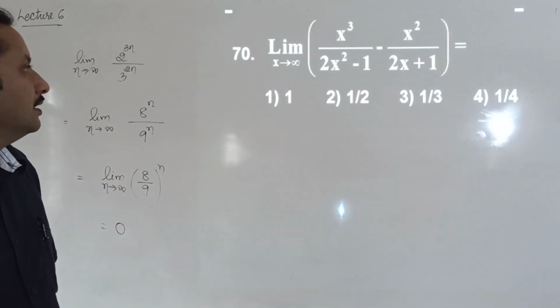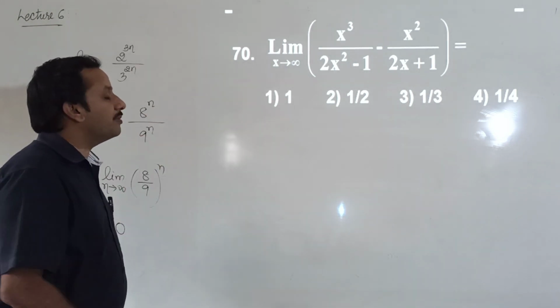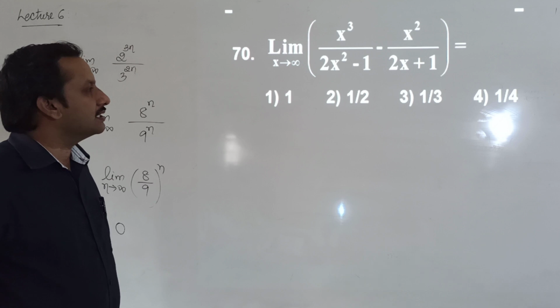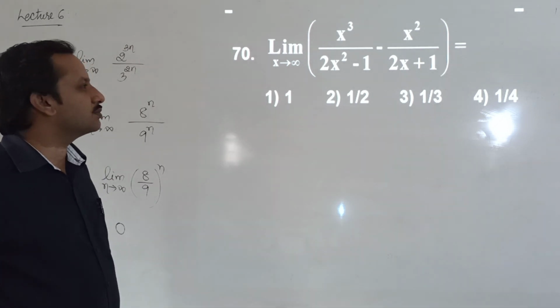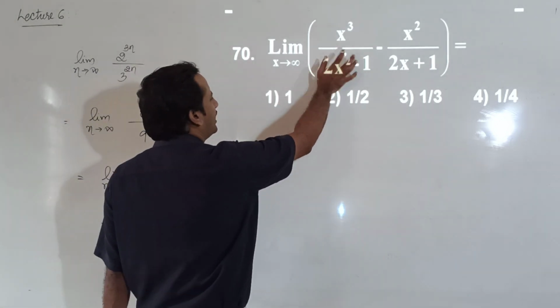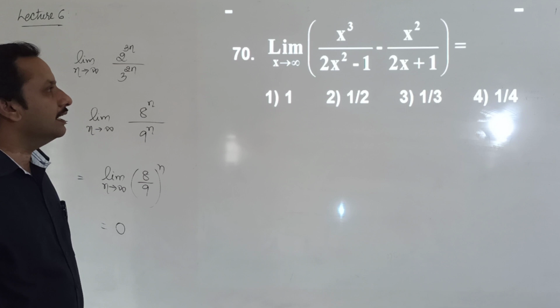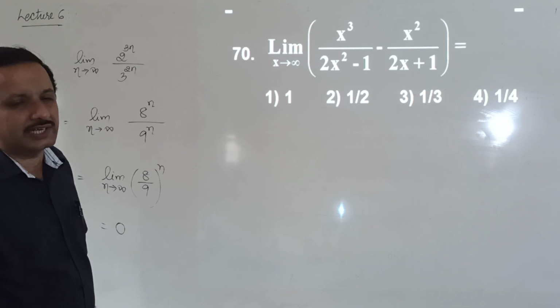Next. Question 70. Limit x tends to infinity x cube by 2x square minus 1 minus x square by 2x plus 1 is equal to? Here if I directly apply the limit, look here, x cube by 2x square minus 1. If you consider only that term, then the numerator has a larger degree.